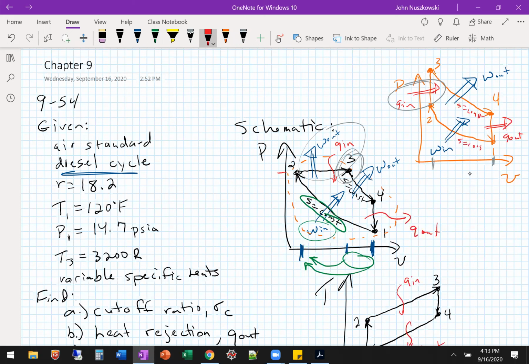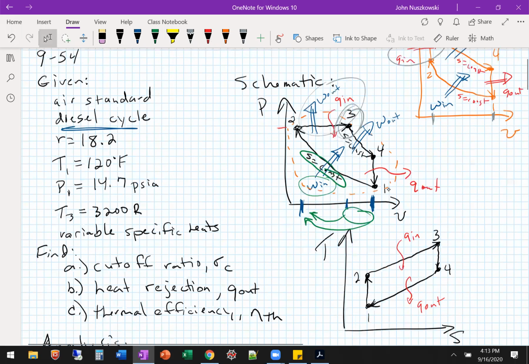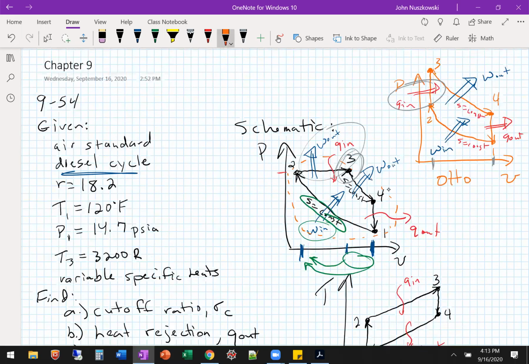So 3 to 4, 1 to 2, entropy is still constant for both of those. Same thing, isentropic relationships. What cycle was that again? This is the Otto cycle, so it's the spark ignited engine cycle.